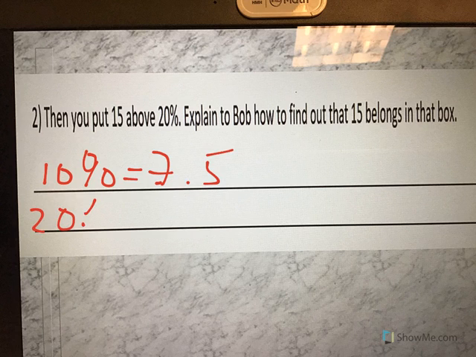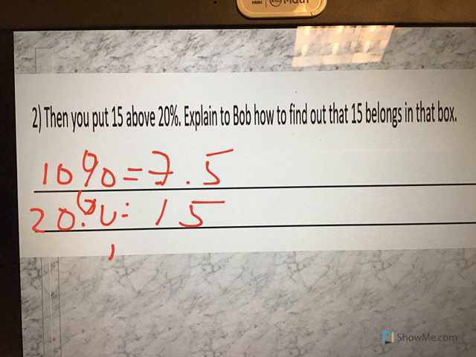And I know that 20% will be 15. So 15 is above the 20% because that's the number of teachers you're going by. So when I filled in the chart there, I'm basically counting by 15s. So I want to find out how many 15s there are in 75. That's why I have the boxes there.